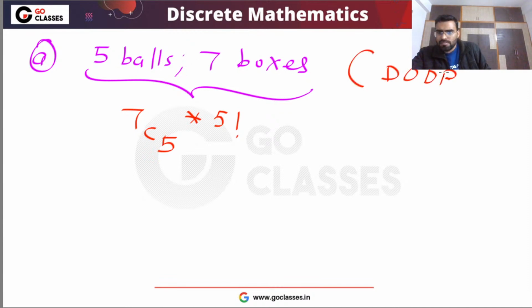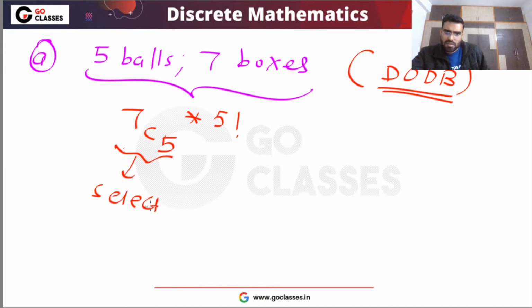So first you select 5 boxes. Now in each box you want to give one ball. So this is your permutation basically.